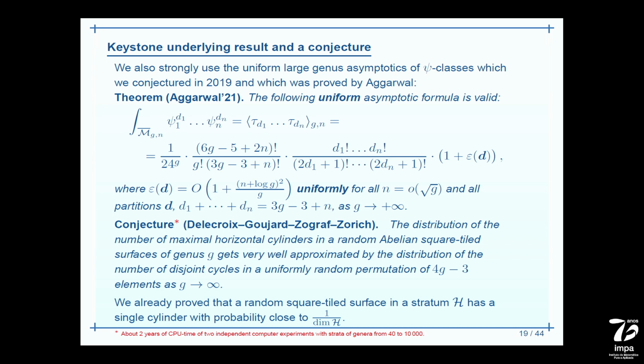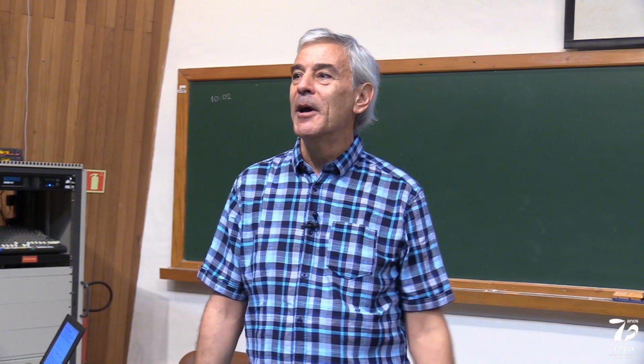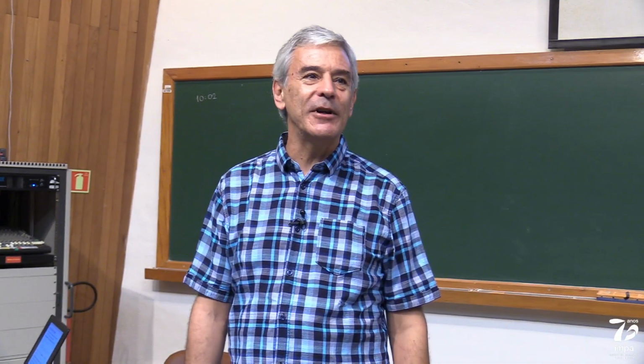Conjecturally, the statistics of cylinder decompositions and such are very well approximated by statistics of random permutations, where this time I do not need to take a crazy measure, just uniformly random permutations. And this is probably the first time in my experience when abelian differentials are combinatorially more complicated than quadratic differentials.